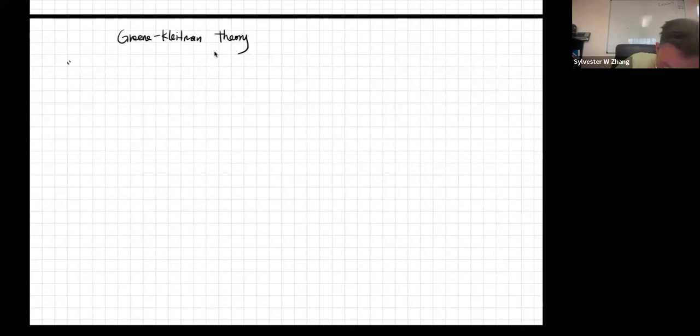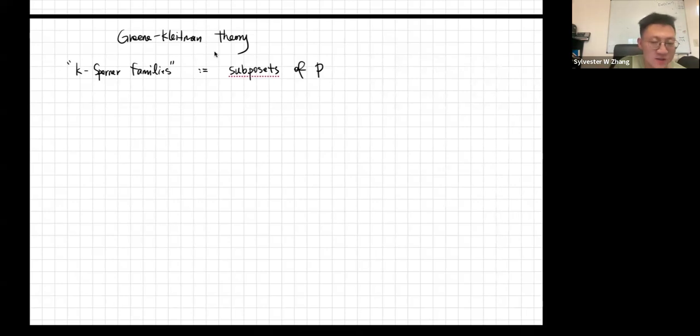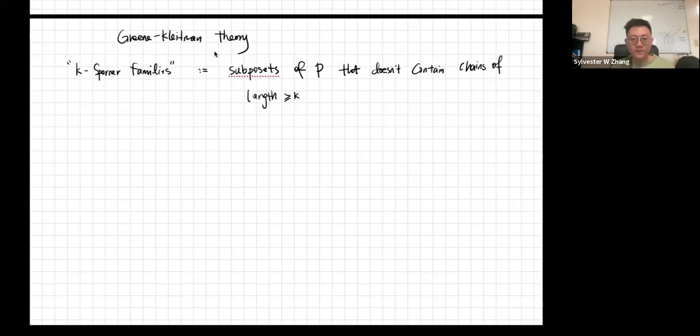They were interested in K-Sperner families, which are basically subposets of some poset P which don't contain any chain of length greater than K. So basically, you can think of a K-Sperner family to be a union of at most K antichains.